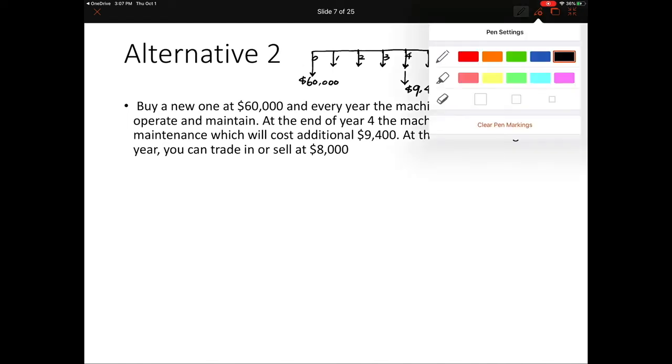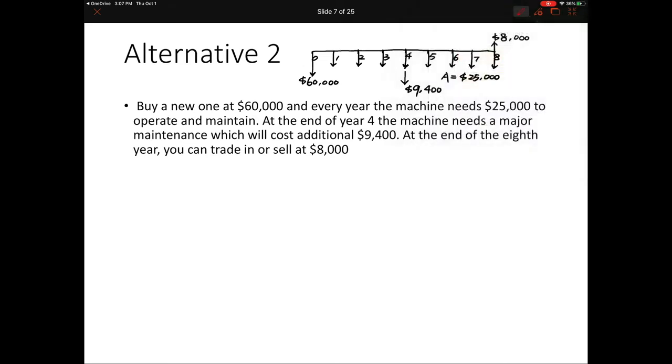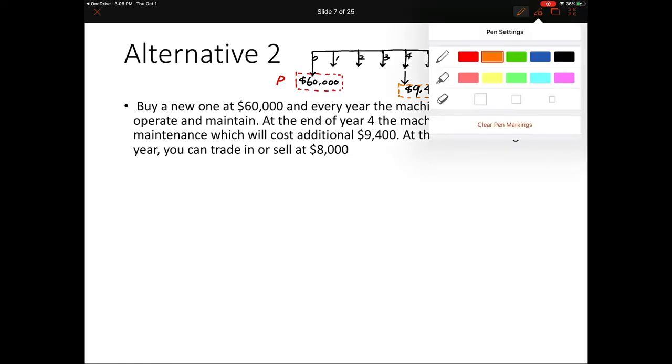So on this cash flow diagram, we have how many types of cash flows? Or how many different cash flows? Let's see. You have the first part, which is a P value. We have this 9,400 compared to the time 0, it is a future value, right?